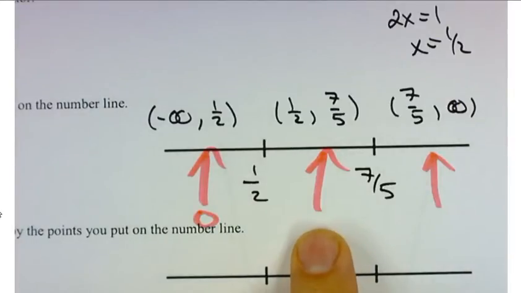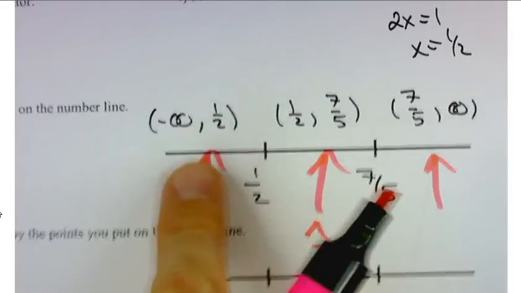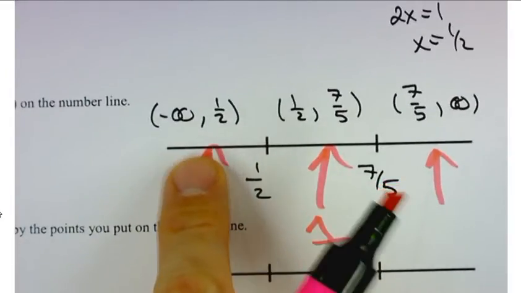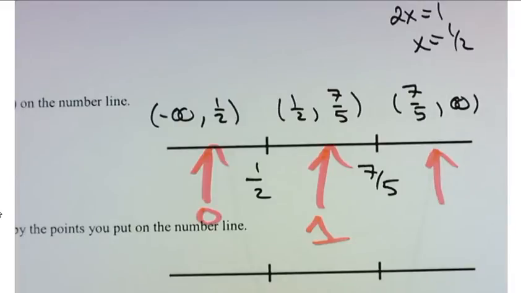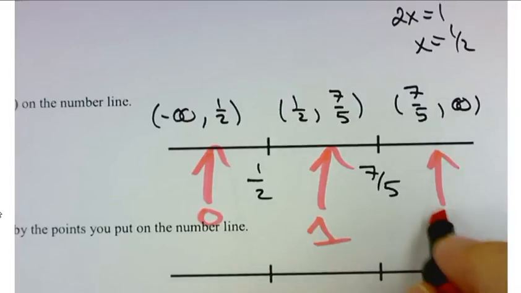Not too many real easy choices for this middle interval, but there is a good one. 1/4 would actually be in this interval, right? Because 1/4 is less than 1/2. And 7/5. Now you don't have to have a decimal value for that if you don't want. Just pick a number that's clearly bigger than 7/5. 2. Perfect. So 0, 1/4, and 2.